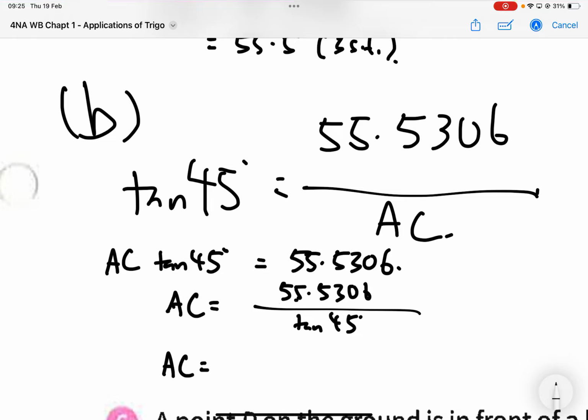Do it step by step. Don't make the same mistakes, because it's a bit confusing. From the denominator, if you want to make it the subject, it must go to the numerator. So do it one step at a time. Okay? Then if you can write this down, now it's just pressing the calculator. This divided by this is just a number already.